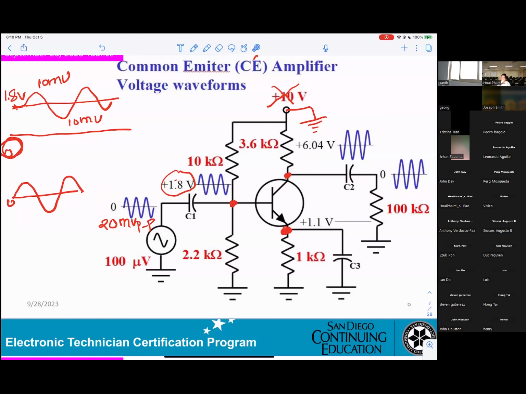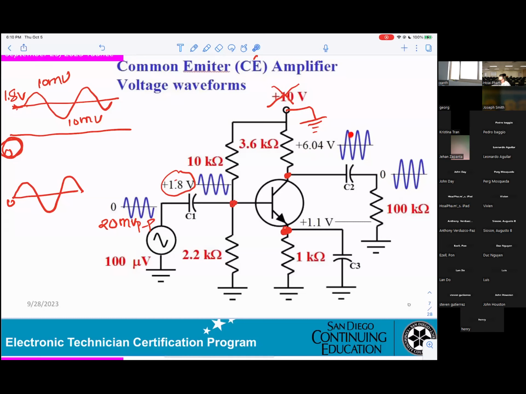If you're looking at it on the scope, then this is a 0, and this is your output here. Compared to the point here, you can see this gets 6.04 volt.